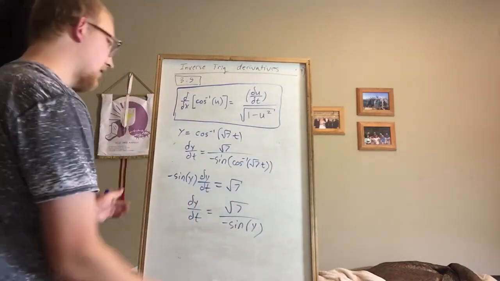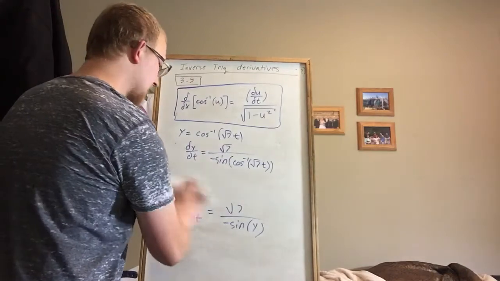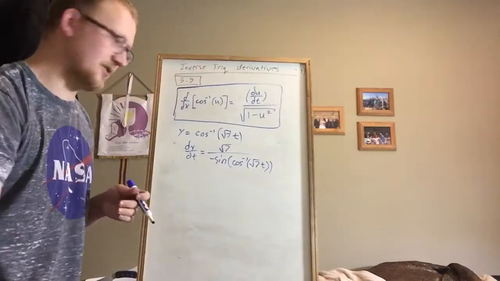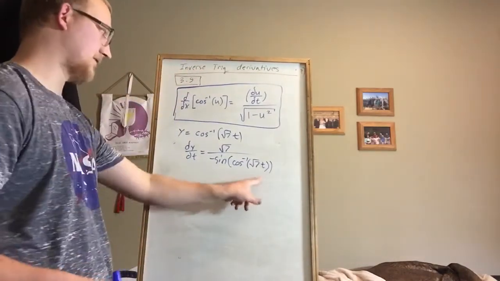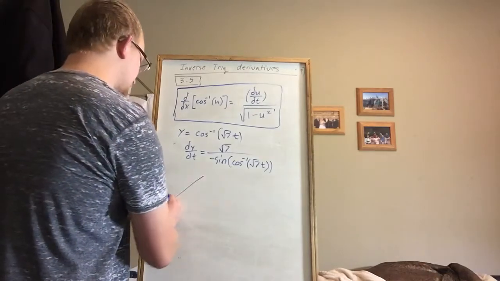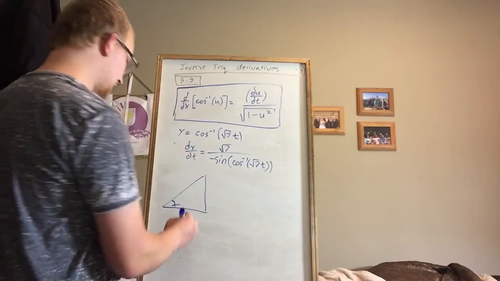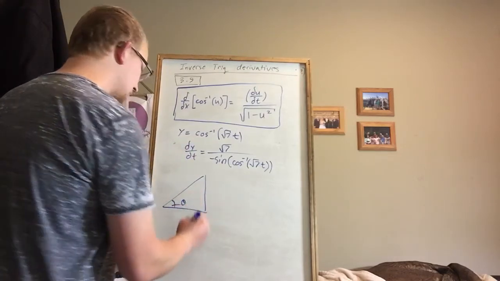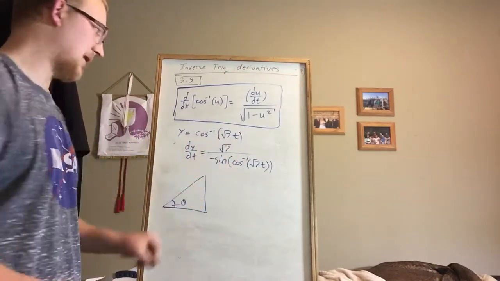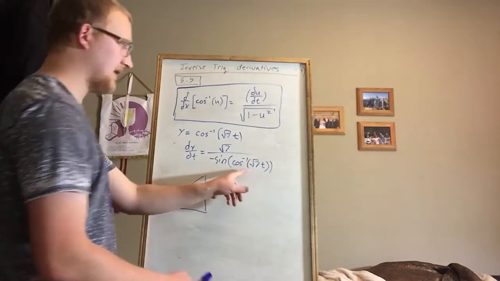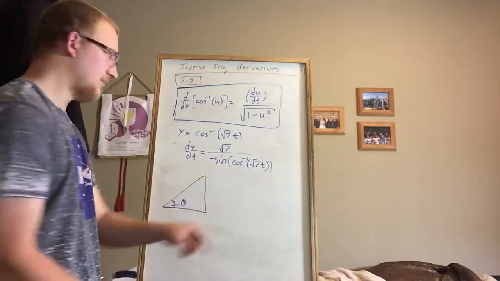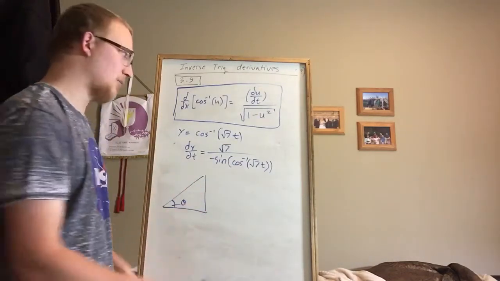And now all that we need to do is what we did in the last video, which is to draw a triangle. Cosine we know is going to be adjacent over hypotenuse. If we look in here, we don't see a fraction, but you can always divide something by 1.